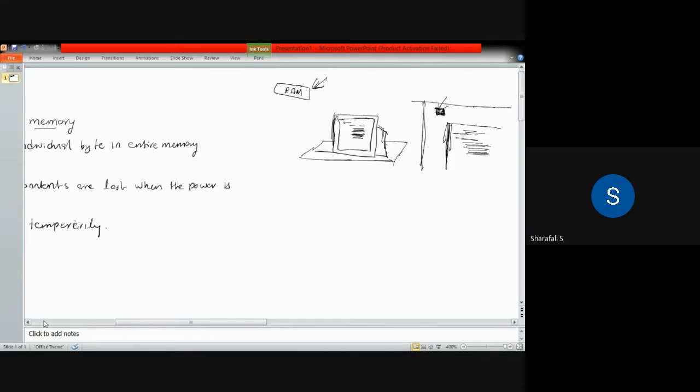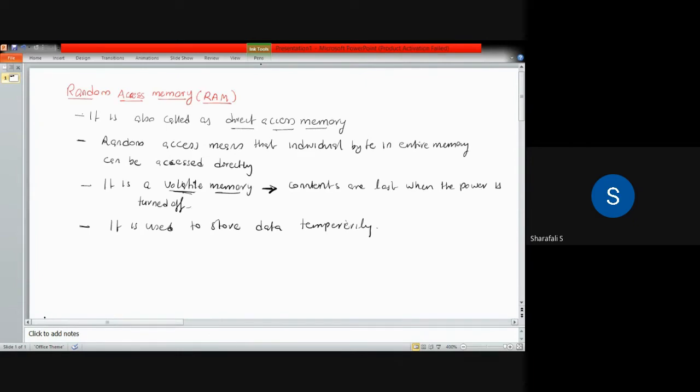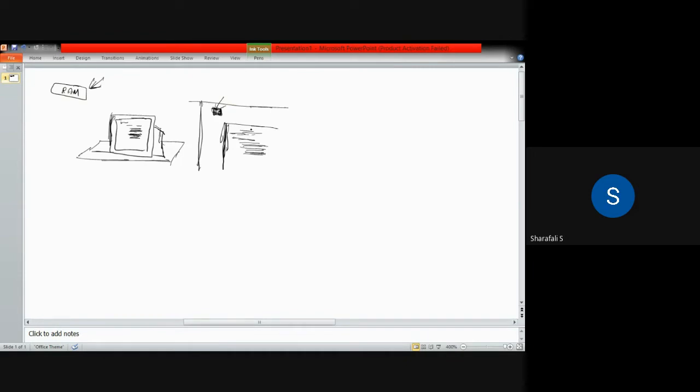So it is a volatile memory, and all those operations, if you are writing something in a Word file, will initially be stored in RAM, random access memory. RAM is connected to the CPU, and the CPU will always take data.